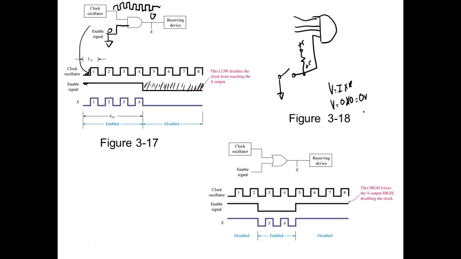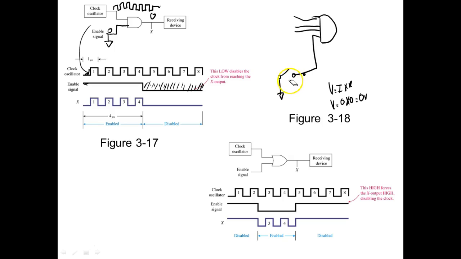So this is the way we have to use a switch. If I was to come up here and do that, then now I would have a nothing. Y'all understand that? In digital, we can't have a nothing, because if we have a nothing, that's a floating input. Not even a low, it's a nothing.